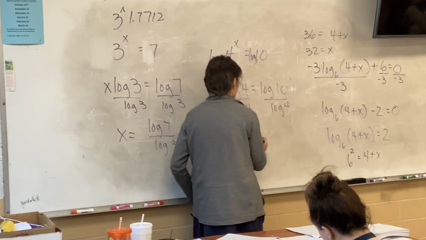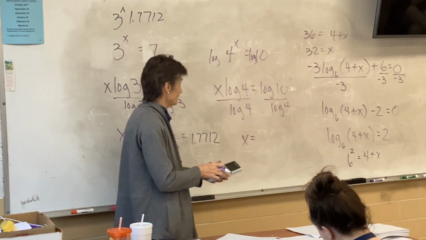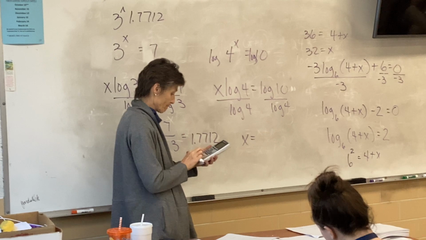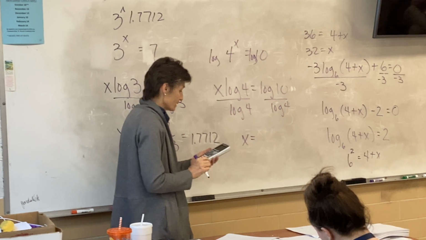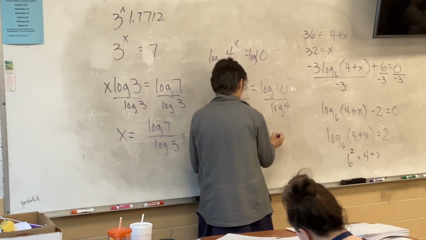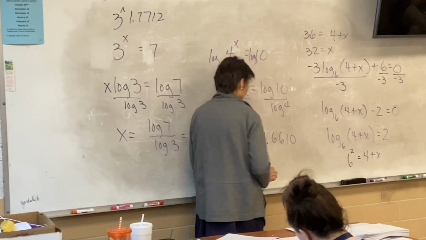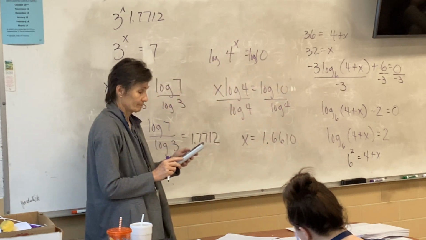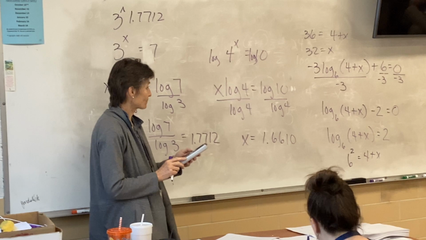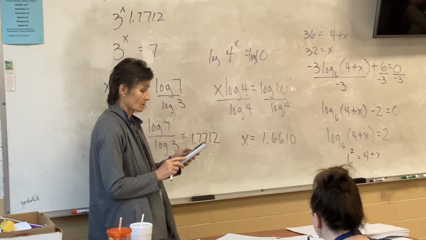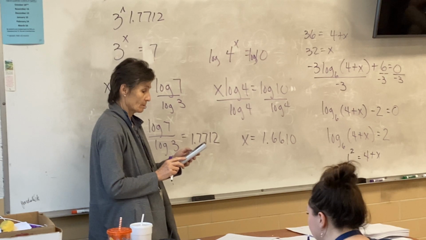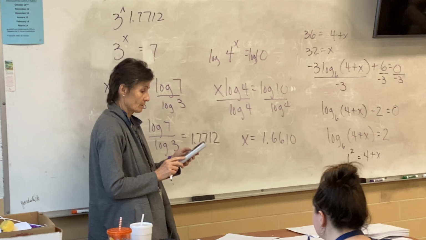That's right. Let's see if I can get this one right. I got 1.6610. How'd I do? I got 0.6. I got what you got.